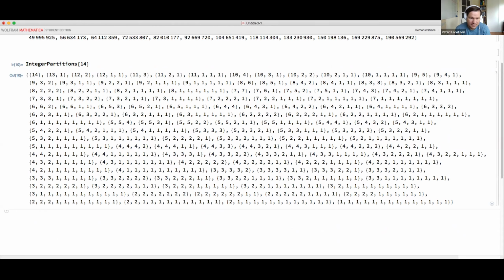That's the first exercise. And second, show the partitions where a part is repeated not more than 3 times. For example, those long partitions clearly are not going to work, because the repetitions are very long.